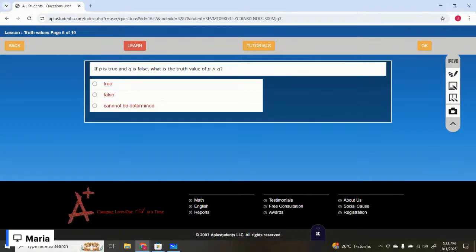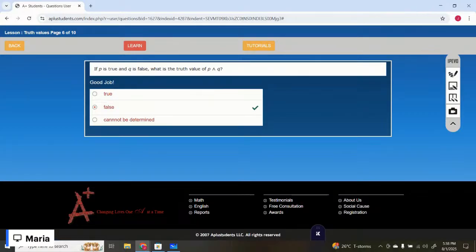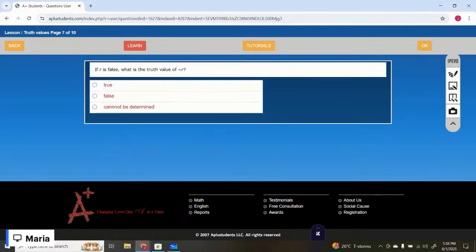If P is true and Q is false, what is the truth value of P and Q? P and Q is false. Option number two is the correct option. If R is false, what is the truth value of negation of R?